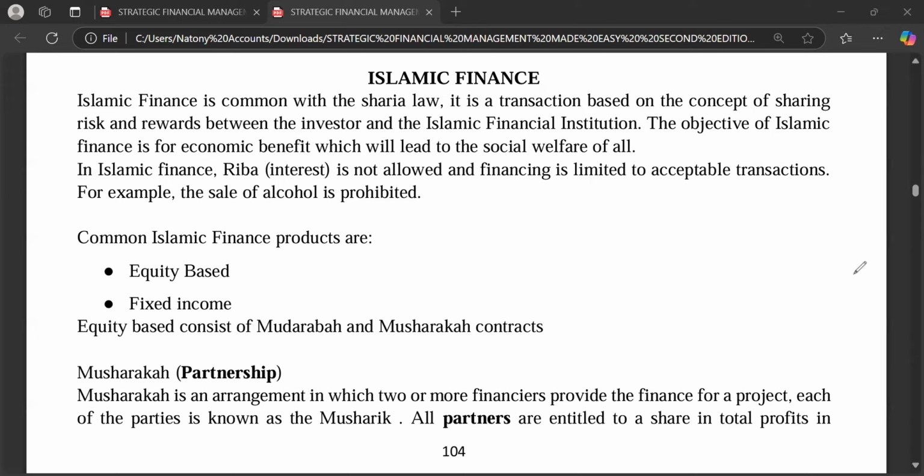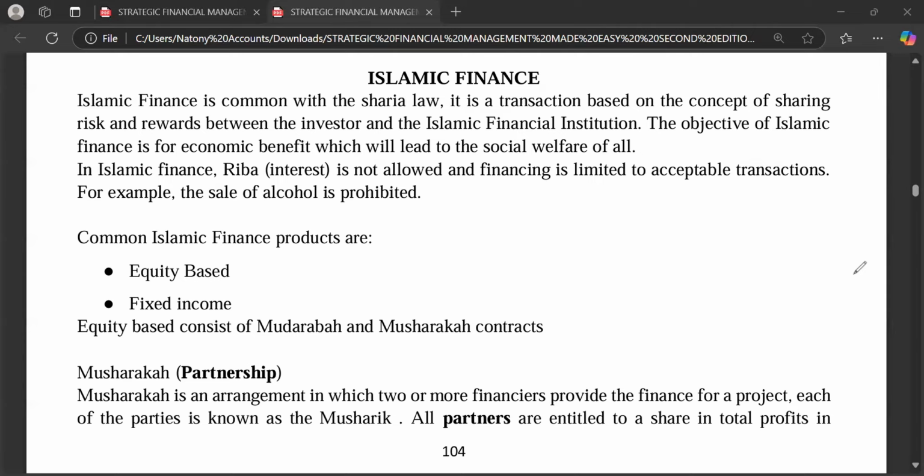Then profits can be shared according to an agreed ratio, or the proportion of contribution by each party. So that's the way profit is to be shared. But losses will be shared strictly according to the contribution made by each party.